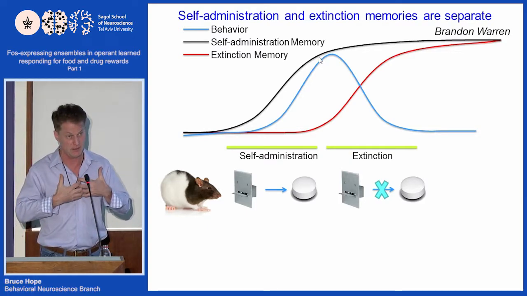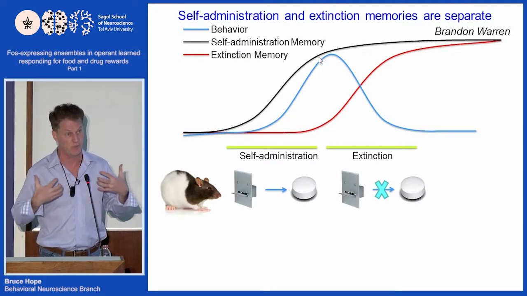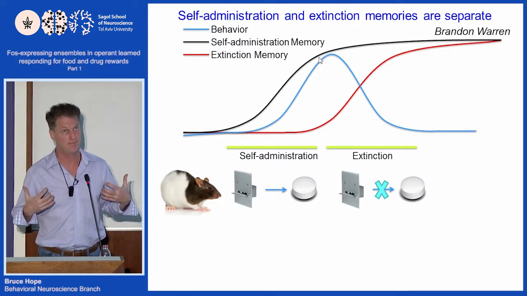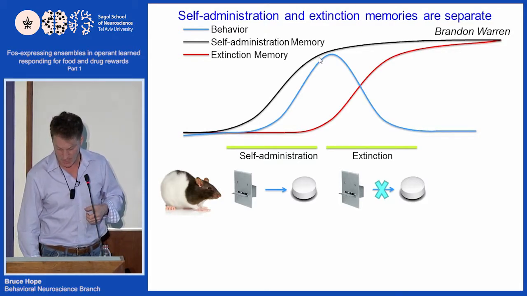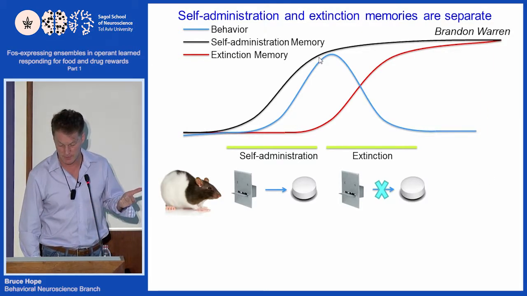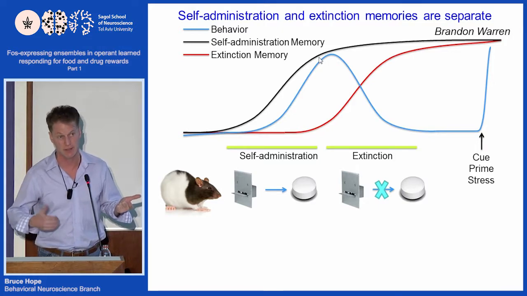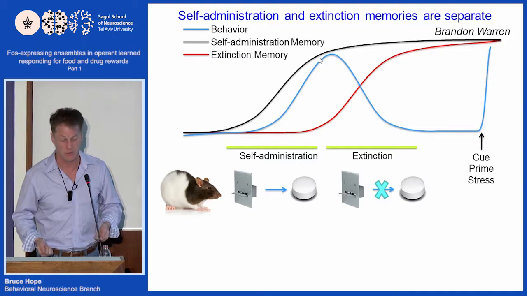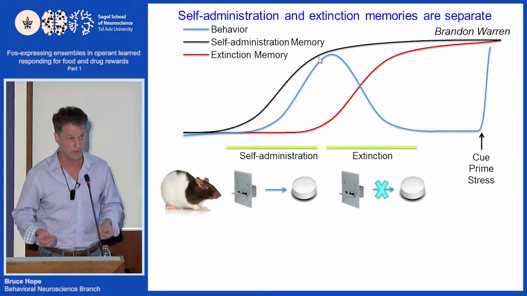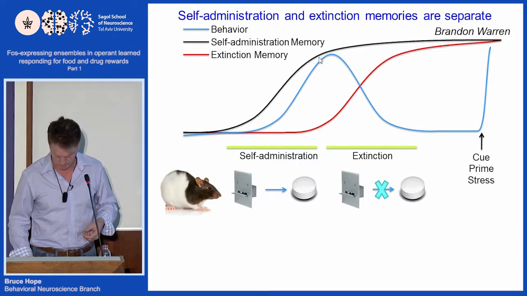And it's thought to be due to a different, separate mechanism that's involved in storing that extinction memory. And we know this because the self-administration memory has not gone away. You can still reactivate it later by giving them drug-paired cues or context or even a little bit of the drug itself to remind the animal.